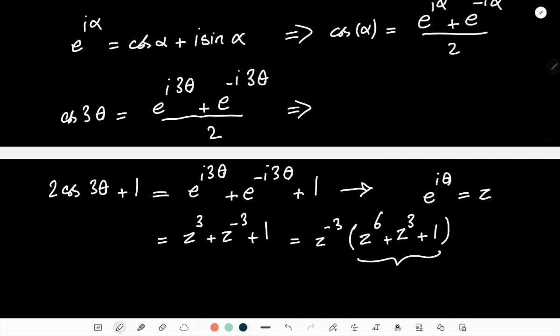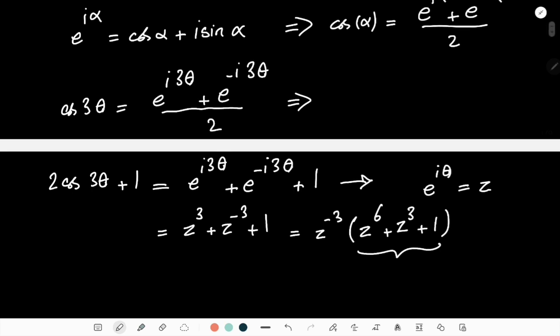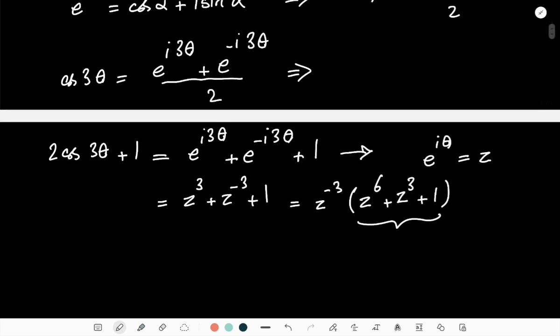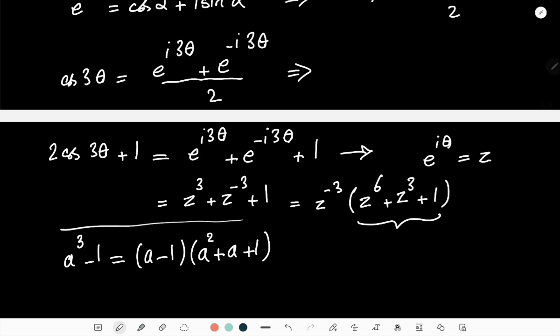The next step for me will be to factorize this expression on the right. You guys know that we have an algebraic identity, which is written a to the power of 3 minus 1 is equal to a minus 1 times a squared plus a plus 1, right? This algebraic identity is very famous.